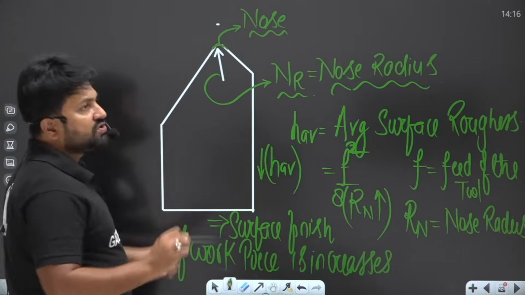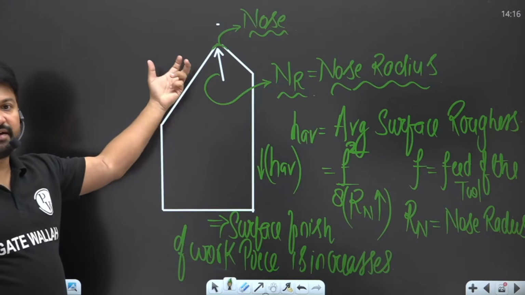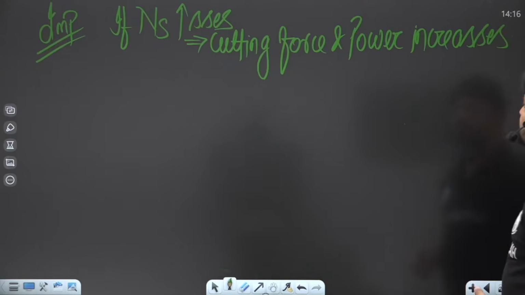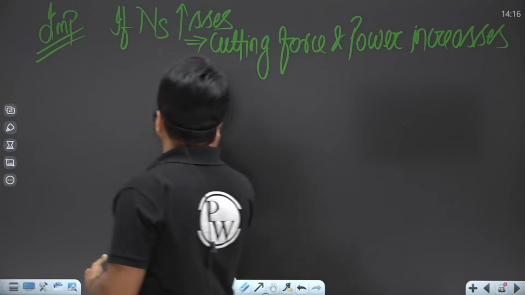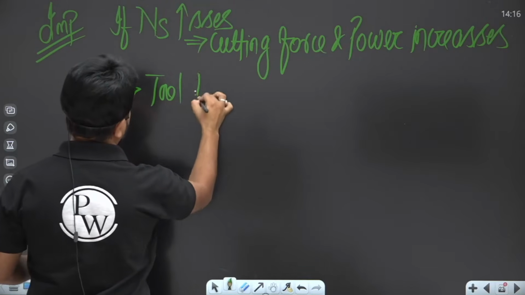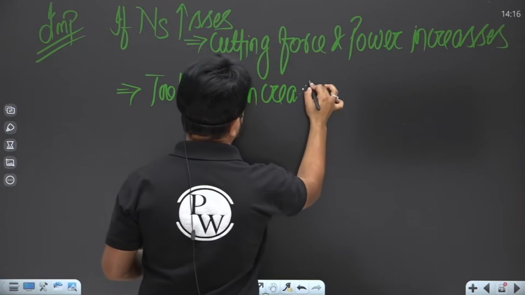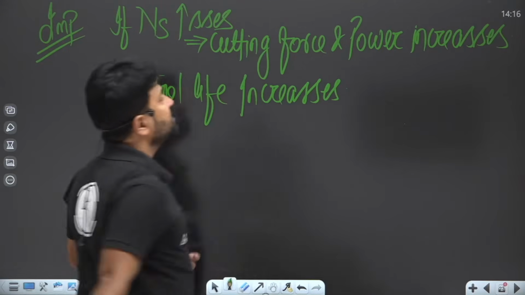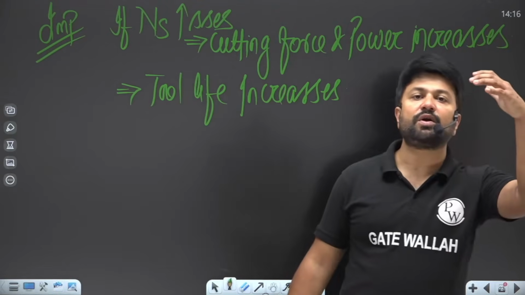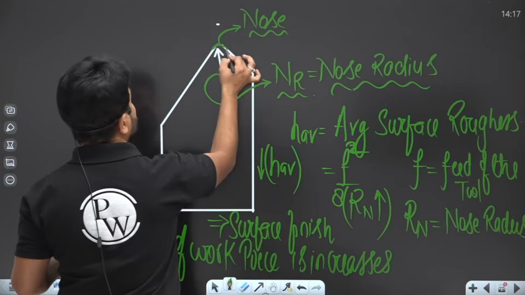Also, my dear, if you increase the nose radius, tool life increases. Why does tool life increase? Because the stress concentration on the tip of the tool is going to be reduced.